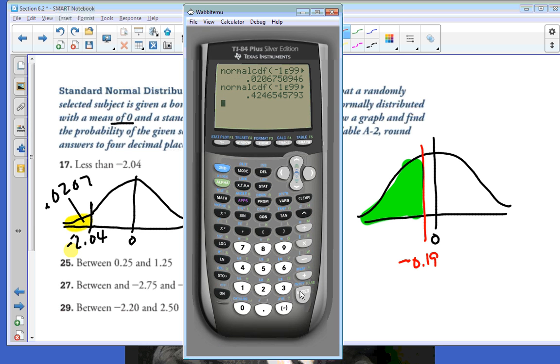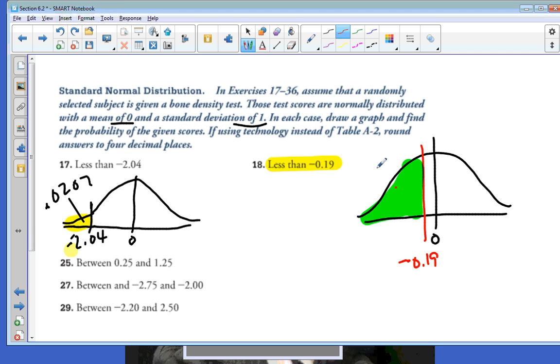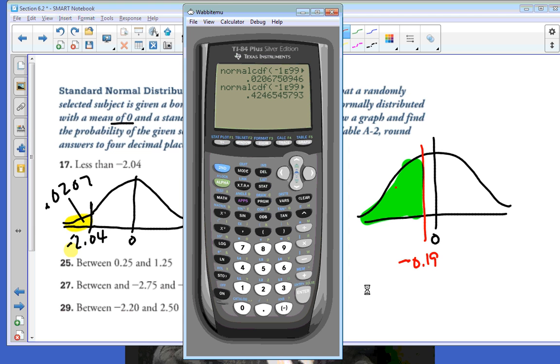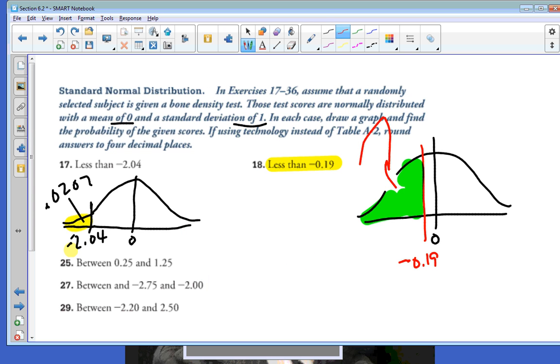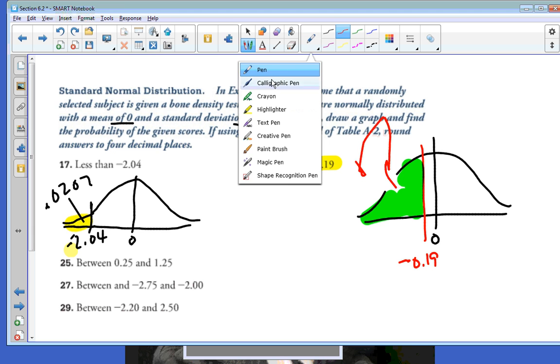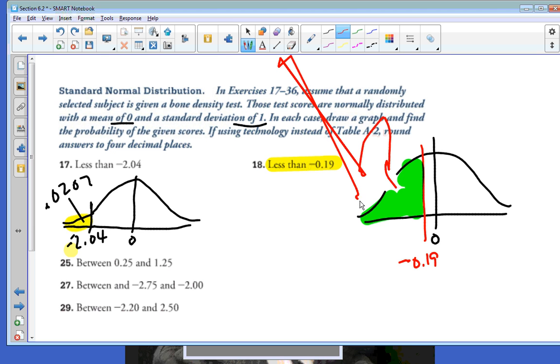And I'm going to get that the area is 0.4247. Sorry, my pen went kind of wacky on there, but it's 0.4247. And that makes sense because we're real close to the 0, so it should be real close to 1/2.